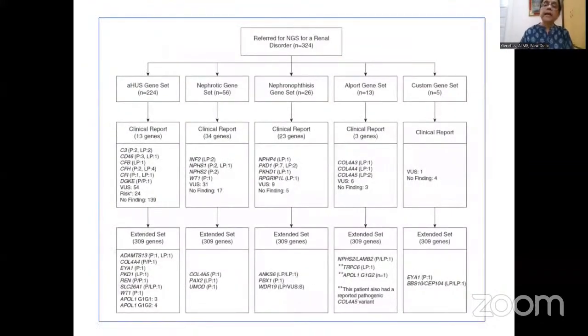But when they went back and searched the whole exome data, they found that more genes and variations were implicated. You can see the yield was significant in atypical HUS, to some extent in nephrotic syndrome also, and in other diseases as well.